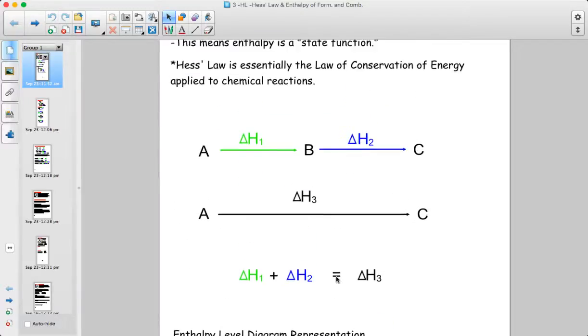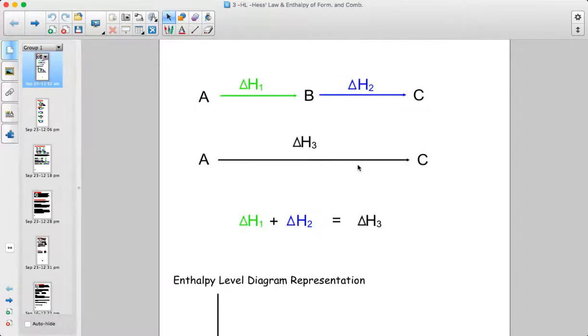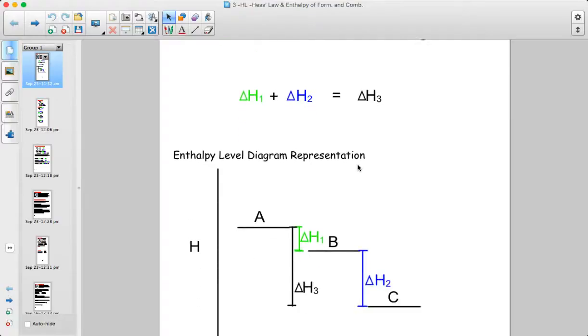What that allows us to do is, if we want to know what this third enthalpy change would be, and we can measure the first two enthalpy changes, we can add them together and know what this enthalpy change should be without ever actually having to carry it out experimentally. Also, if we know enthalpy change 1 and enthalpy change 3, then we can solve for enthalpy change 2 without carrying that out experimentally. So it's a useful way to calculate enthalpy changes that are sometimes difficult to carry out experimentally.